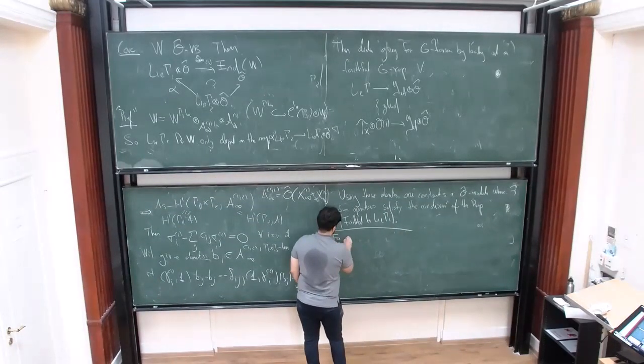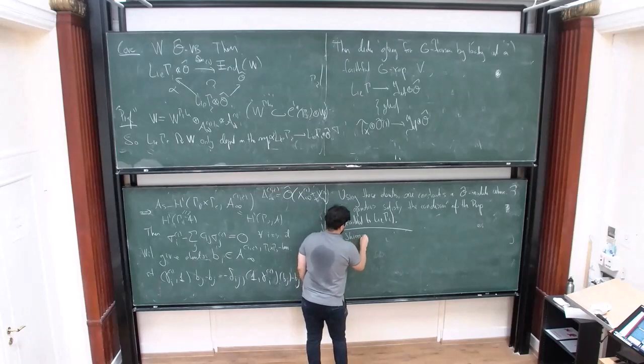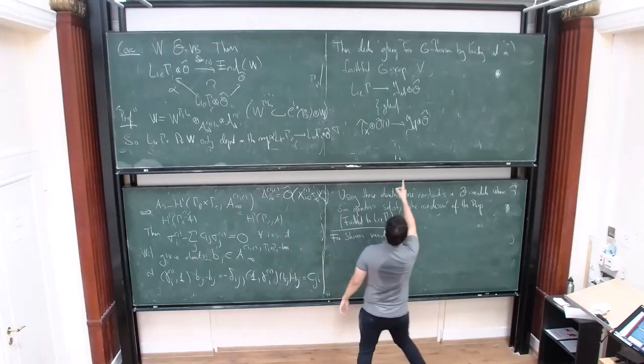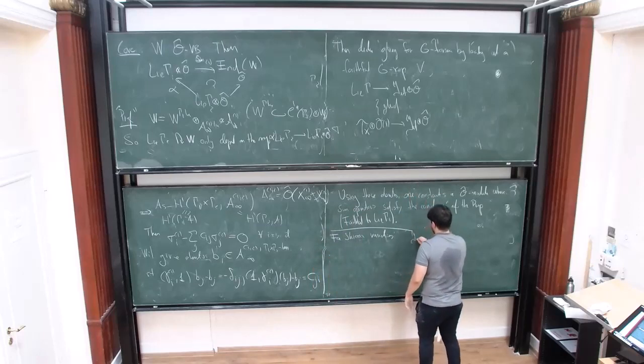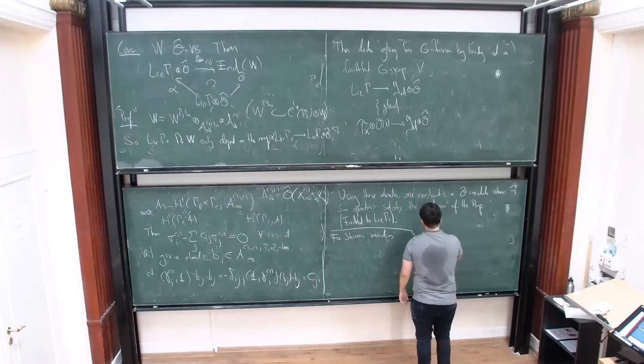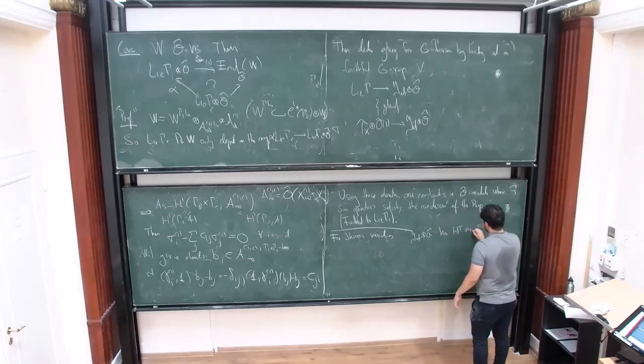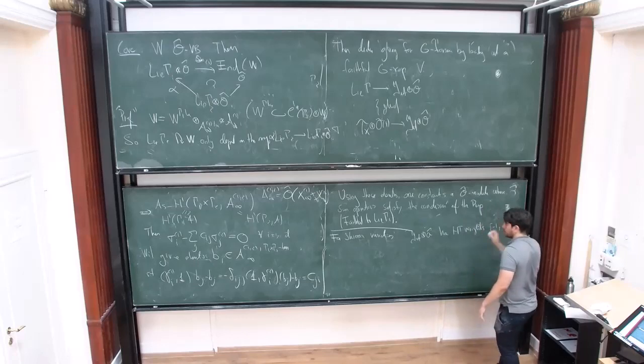For Shimura varieties, this local system, because of the Hodge structure, has Hodge-Tate weights between -1 and 1.